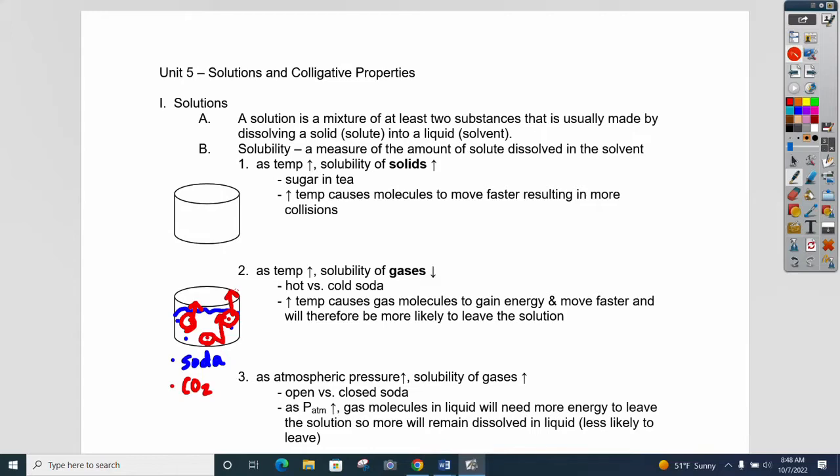Okay, so as you increase the temperature, you are giving those solute molecules, in this case the carbon dioxide gas molecules, more energy, and therefore they are more likely to leave the solution. The less stuff you have dissolved, the lower your solubility becomes.